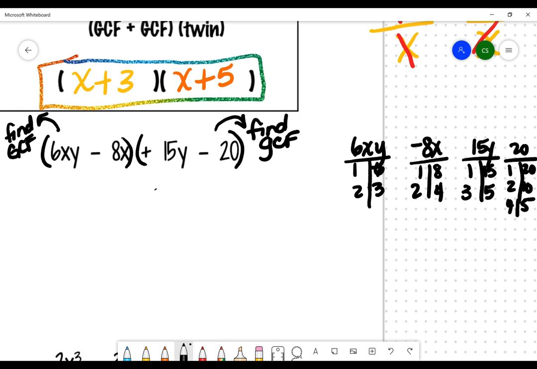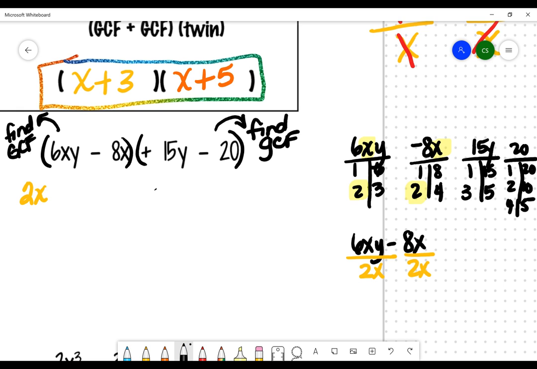So 6xy minus 8x. What is my greatest common factor? Well, 6 and 8 share 2, and they also share 1x. So I can factor out 2x. Well, when I factor out 2x, what does it leave behind? Remembering that factor out just means divide.